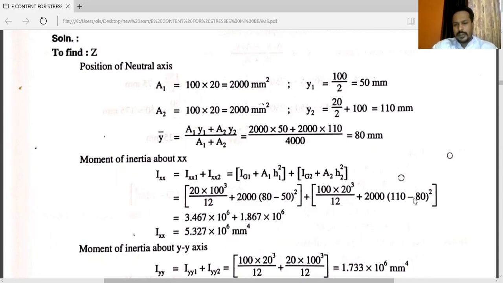For the second rectangle, the value of y is 110 minus 80, where 80 is the y bar. Remaining things are the same as previous. So the value of Ixx is equal to 5.327 into 10 raised to 6.